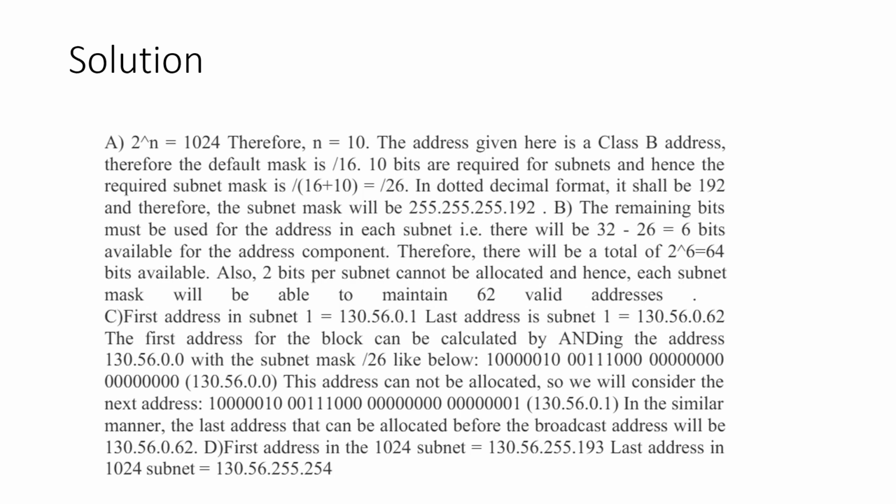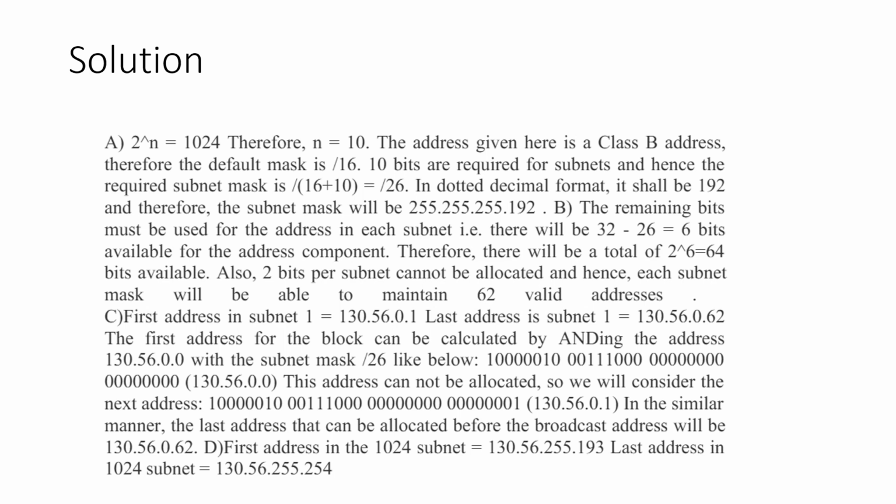So 2 power n is equal to 1024. Here 2 power 10 is equal to 1024, therefore n is equal to 10. The address given here is a class B address, therefore the default mask is /16. This is the default mask.